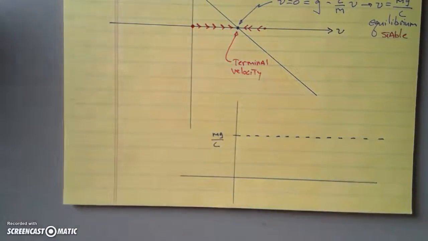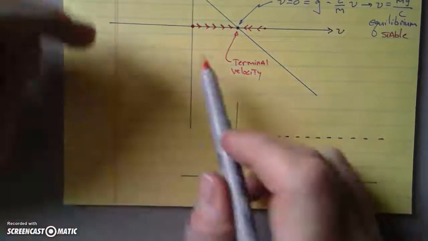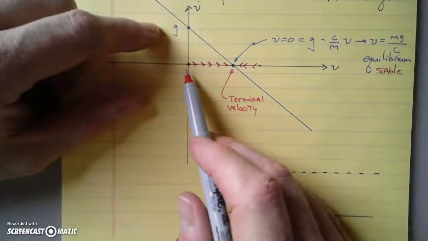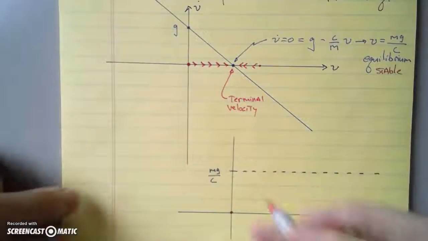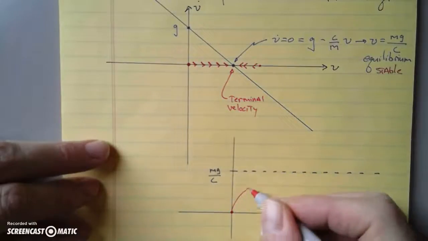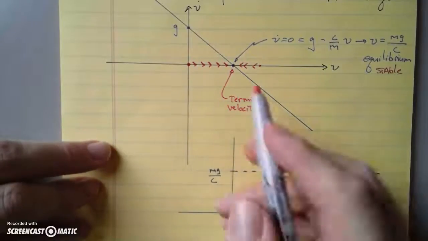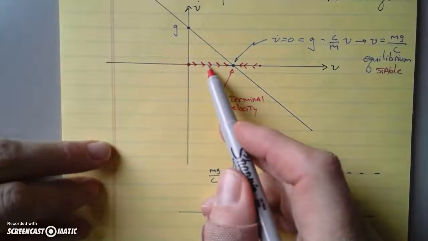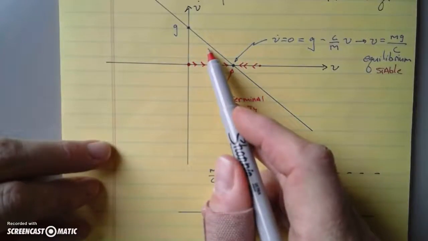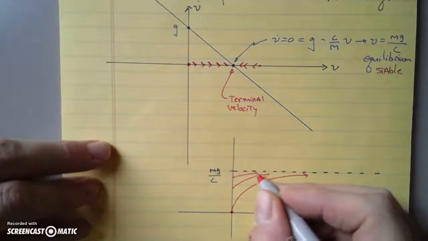Now if you start from rest, you're going to have a large initial acceleration, or 9.8 anyway, and then it's going to decrease. So that means the slope of your solution will start steep and then decrease towards 0. If you had started with some downward velocity, then your initial acceleration is less than g, but still decreases. So maybe like that, and so on and so forth.